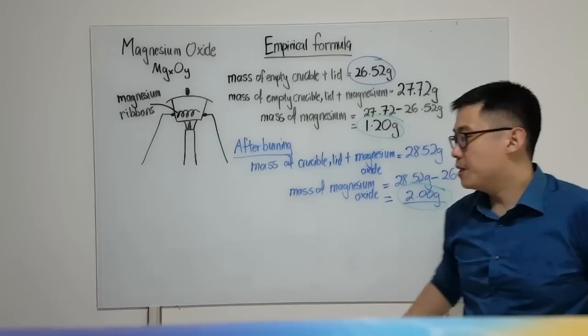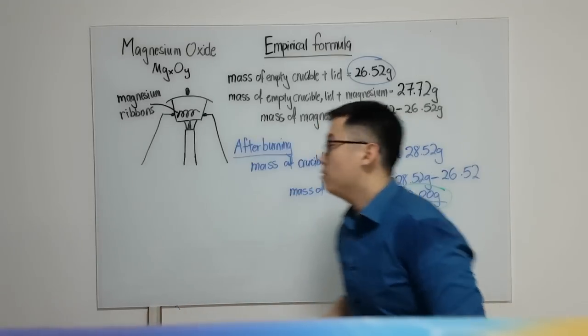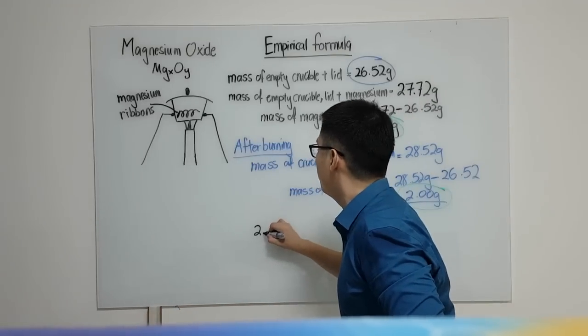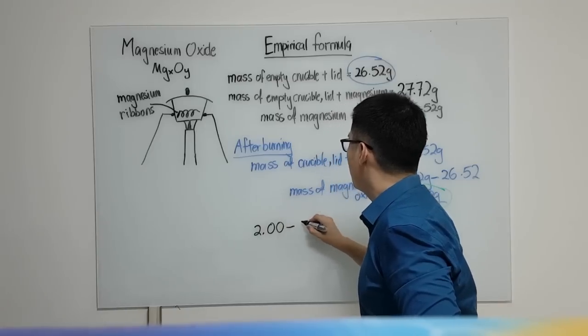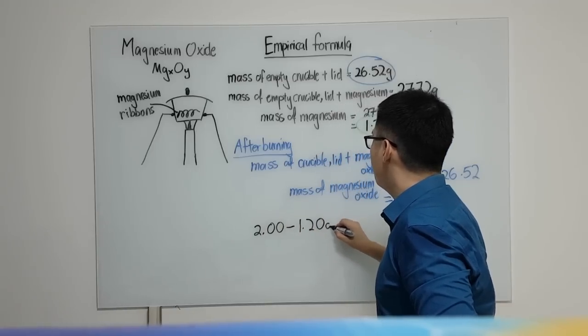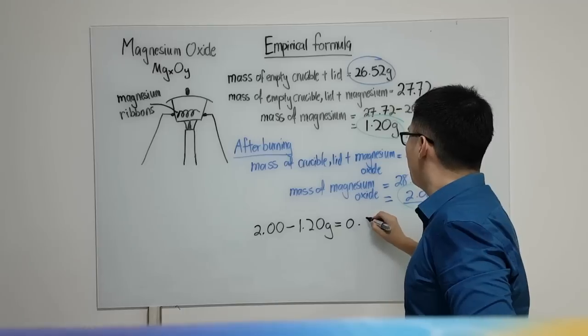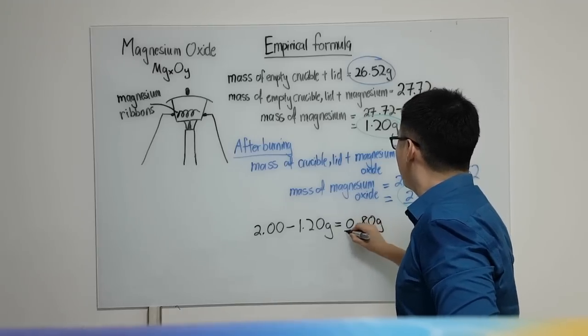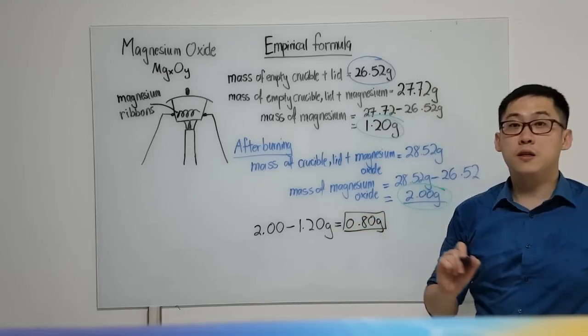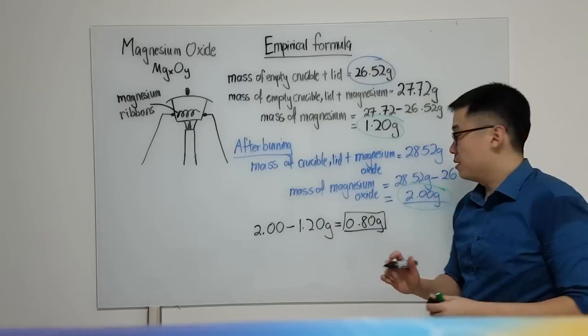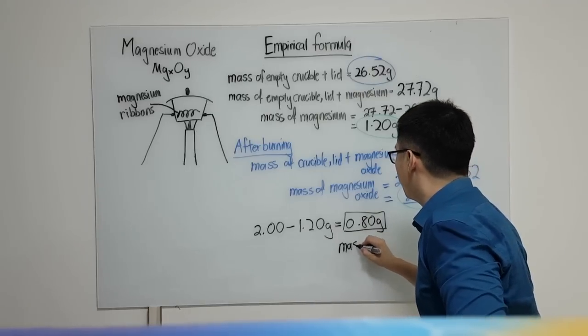So in this case here, if I were to now take 2.00 minus away 1.20 grams, this will give me 0.80 grams, and this, student, is actually the mass of my oxygen.